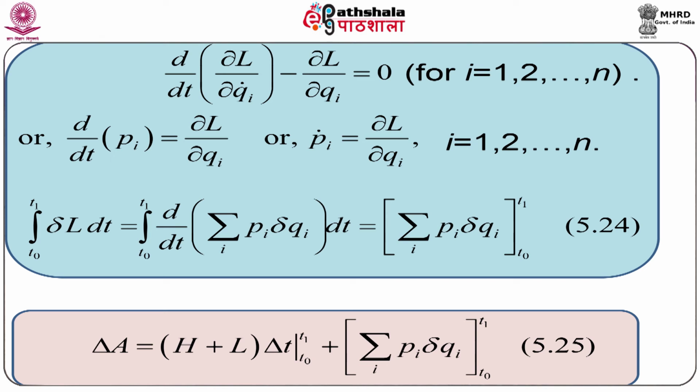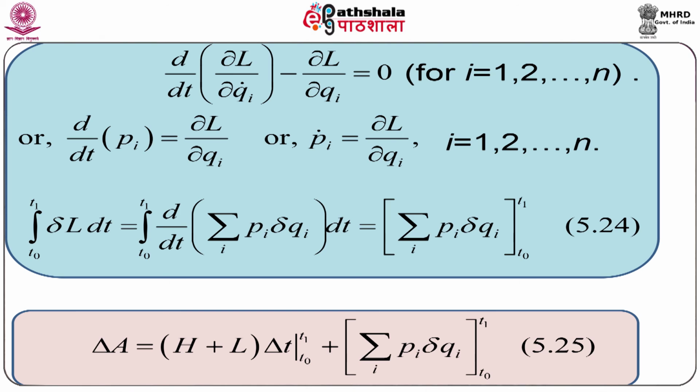Therefore, the integration t0 to t1 of δ L dt equals the integration of d/dt of the summation over i of pi δ qi dt, which equals the summation over i of pi δ qi at t0 to t1.